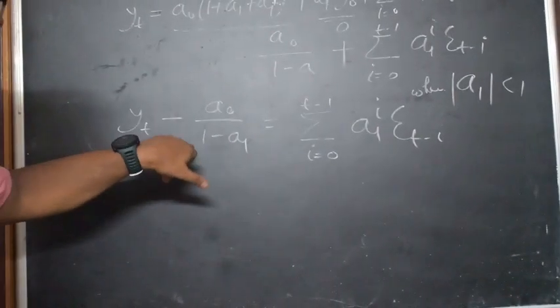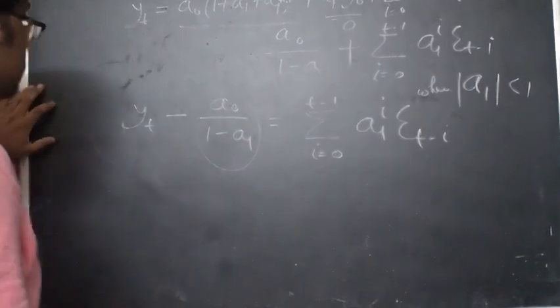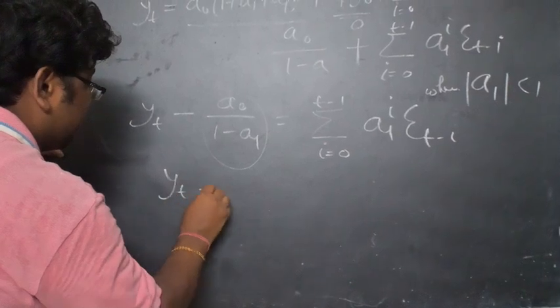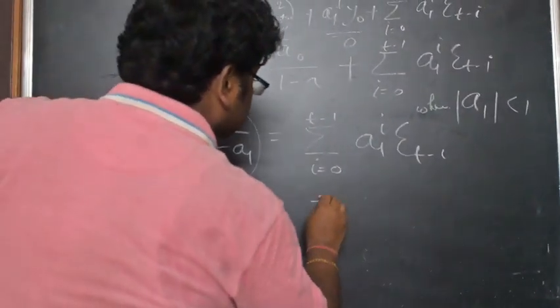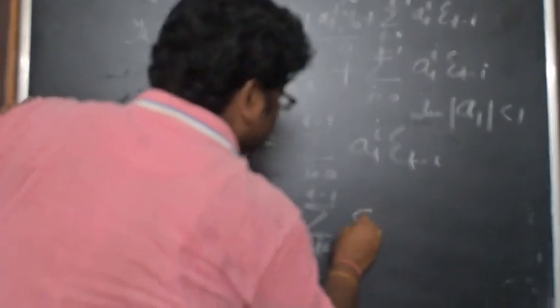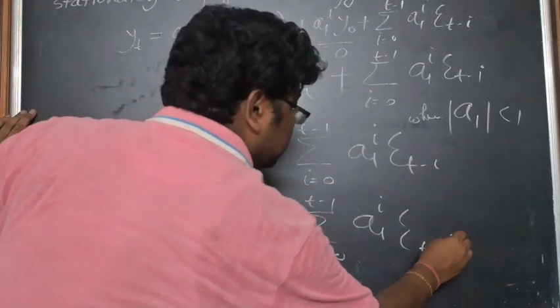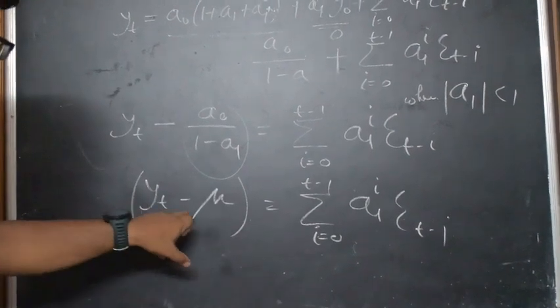Okay, so this is nothing but the mean. So yt minus mu equals the summation from i equals 0 to t minus 1 of a1^i epsilon t minus i.